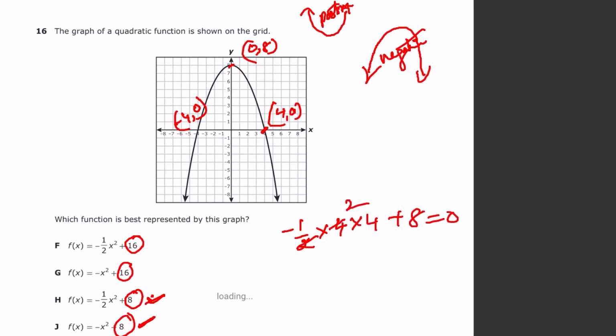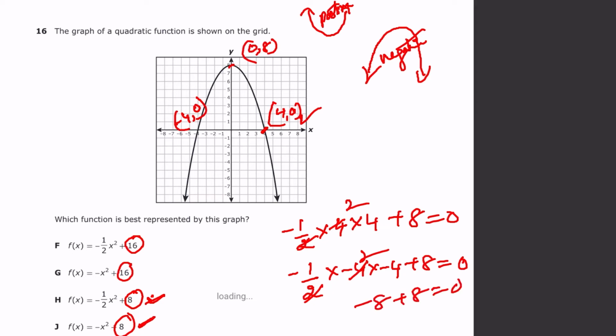Your y is equal to 0, so this is correct. Then we'll see whether it is minus 4 and 0. Minus 1 by 2 into minus 4 into minus 4 plus 8 is equal to 0 itself, because minus 1 by 2 into minus 4 is plus 2, and 2 into minus 4 is minus 8. So minus 8 plus 8 is nothing but 0. So you're getting the answer over here. Therefore it is H. H is the answer.